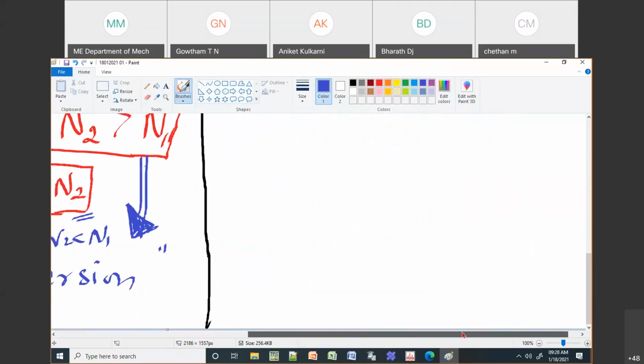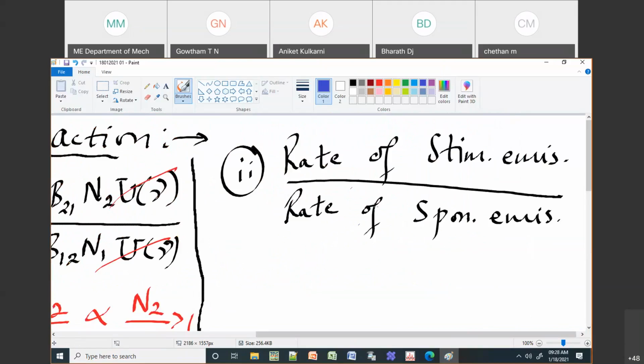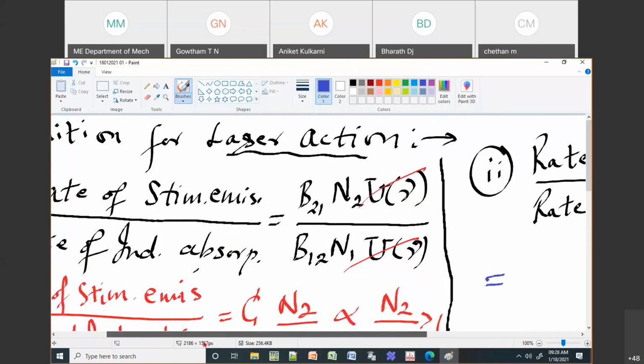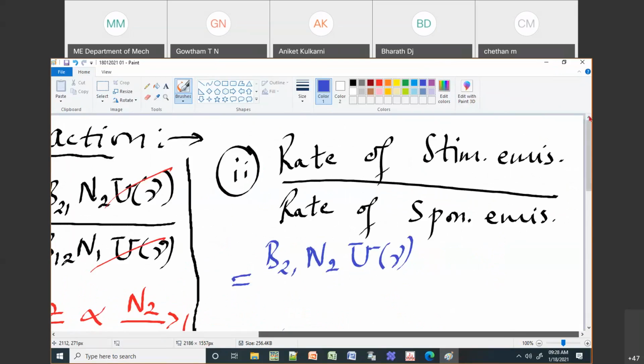Now in the same way, we'll go to the next one. What is the next one? The next one is the rate of stimulated emission by the rate of spontaneous emission. What is the equation for stimulated emission? Same as what we wrote before: the rate of stimulated emission is B21 N2 U of nu.